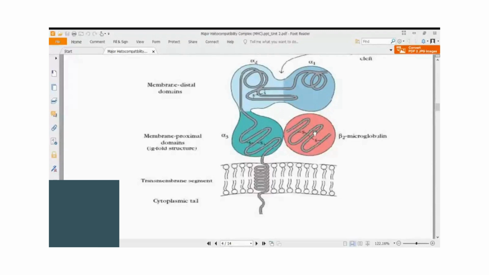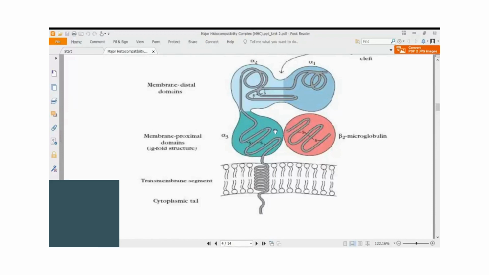It is not produced by the MHC complex gene, it is produced by some other gene, and it comes and associates with the alpha 3 domain of the class 1 MHC to constitute the whole molecule. But remember, beta 2 microglobulin doesn't have contact with the membrane. It is just having an established contact with the alpha 3 domain.